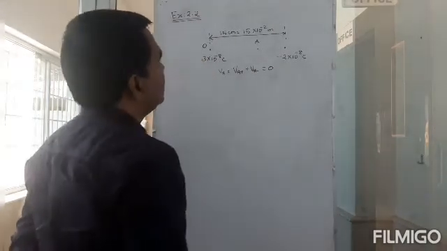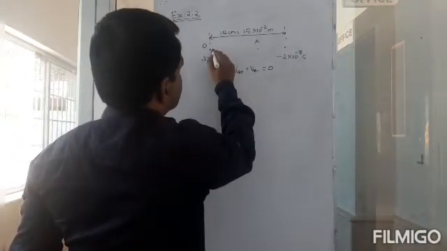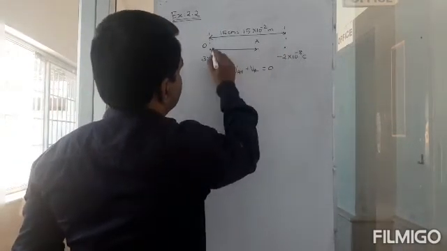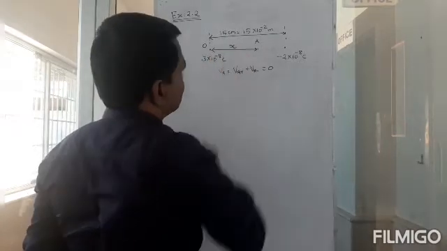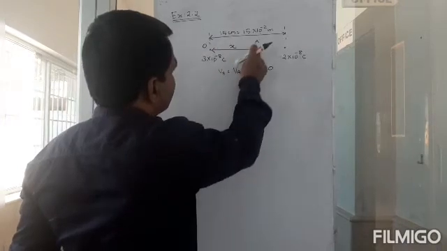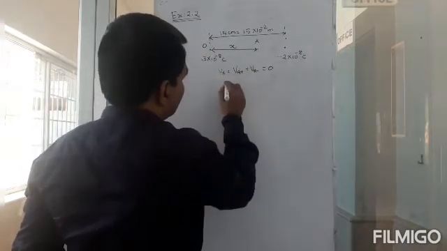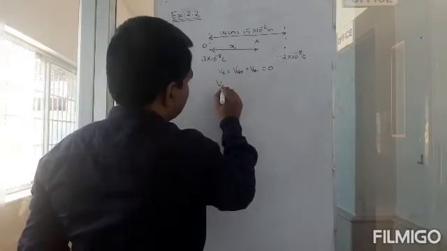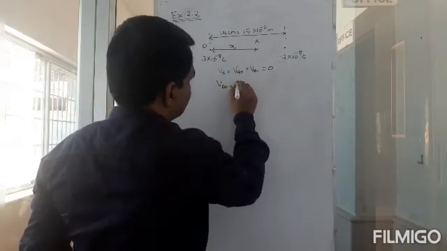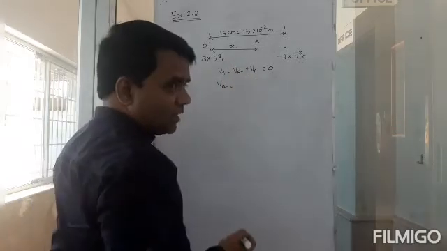Okay. So what do you get here? Suppose this distance at which it happens is x. What is the potential at A due to this positive charge? Well, VA plus is going to be equal to KQ by R, right?